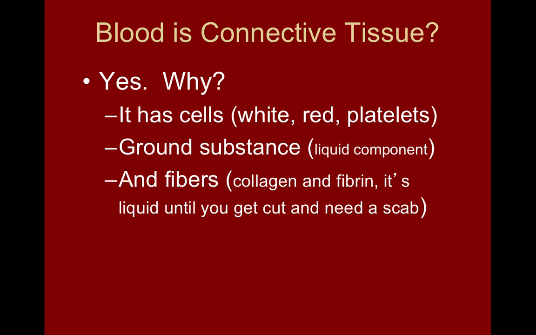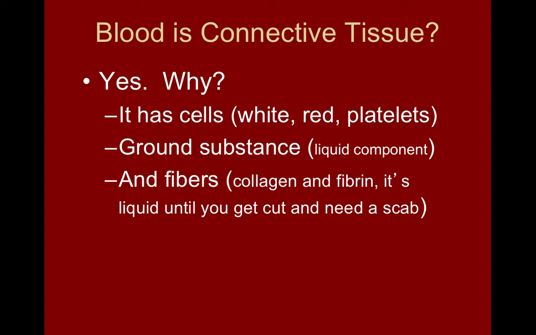So I'd just like to remind you, way back when the world was different in August, we talked about blood being a connective tissue. And the reason that it is classified as a connective tissue is that it has cells. The cells in blood are white blood cells, red blood cells, and platelets. There is ground substance, which is the plasma that those cells float around in, and it has fibers.